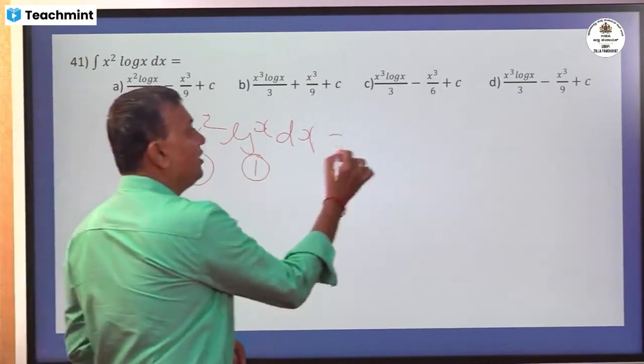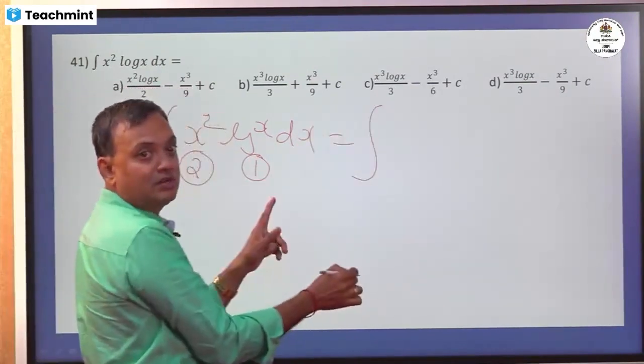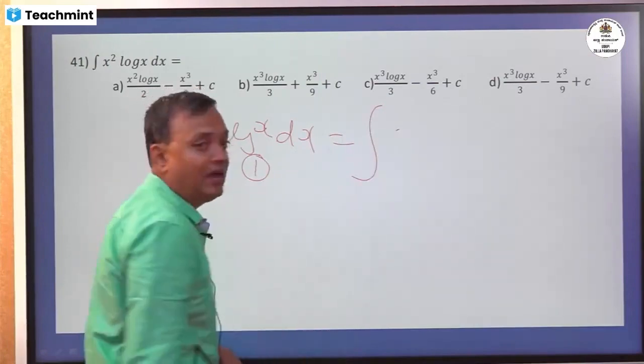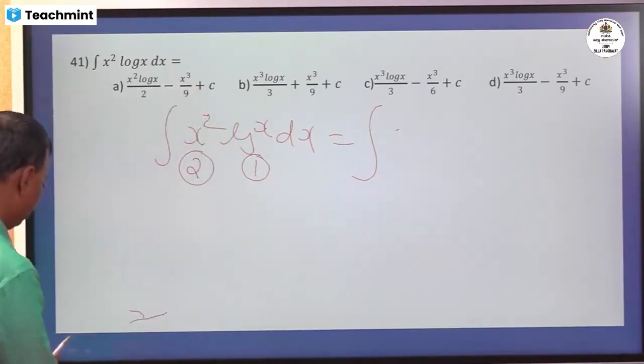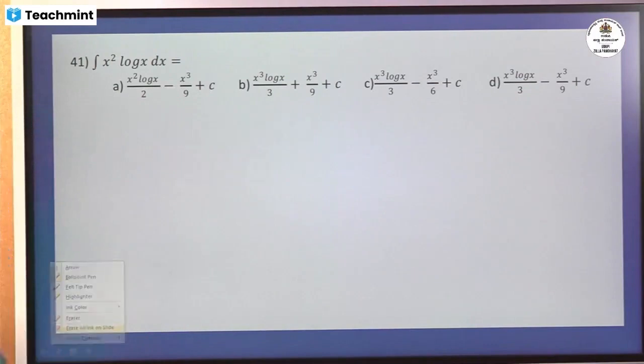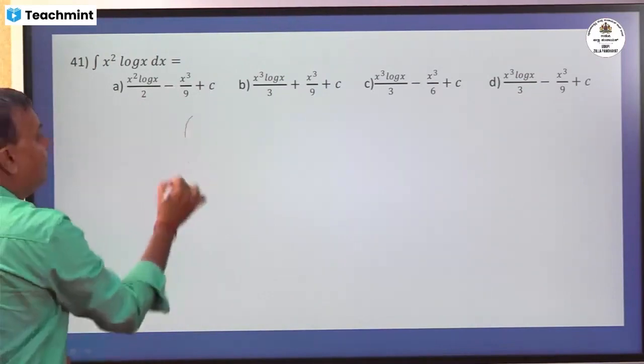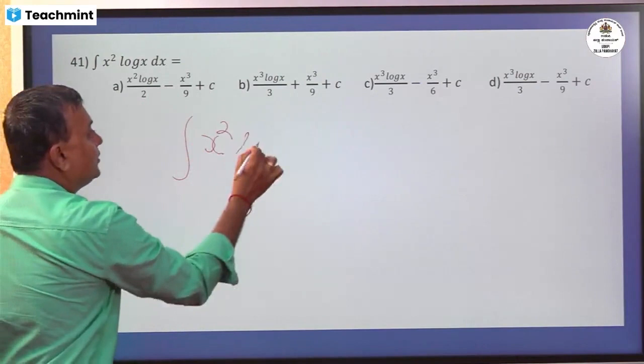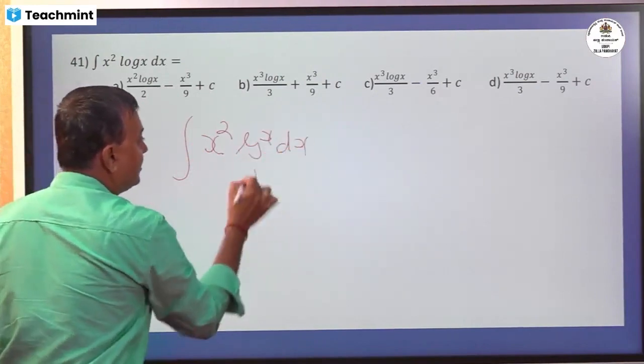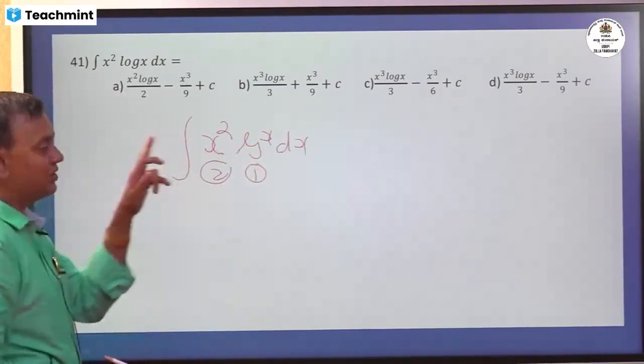Tell me, the integral of first function, what is the formula? The integral of x square log x dx, this is the first function, the logarithmic function, and the second function is x square.